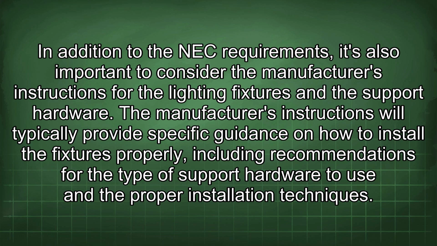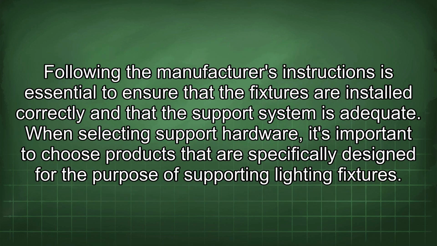In addition to the NEC requirements, it's also important to consider the manufacturer's instructions for the lighting fixtures and the support hardware. The manufacturer's instructions will typically provide specific guidance on how to install the fixtures properly, including recommendations for the type of support hardware to use and the proper installation techniques. Following the manufacturer's instructions is essential to ensure that the fixtures are installed correctly and that the support system is adequate.